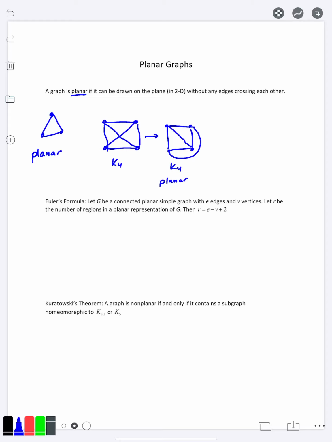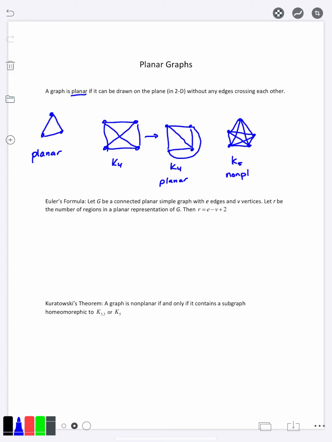Now, if you had K5, and we were to draw this here, there are lots of crossing edges. And it turns out that you can prove that no matter how hard you try, no matter which way you try to draw on the paper, there is no way for this to be drawn without a crossing.